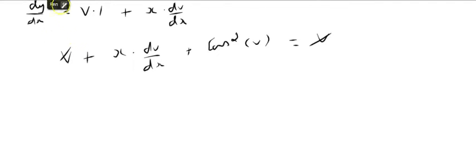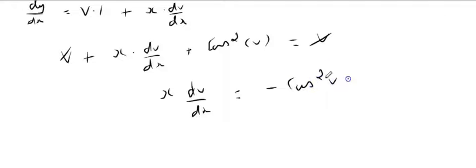Now we can solve this by the variable separable method. I'll bring all the v terms to one side and x to the other. First, I will take x dv/dx and move cos²v to the right hand side, so I get minus cos²v.